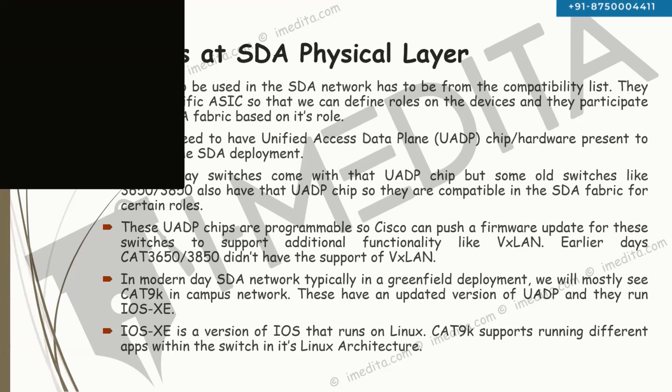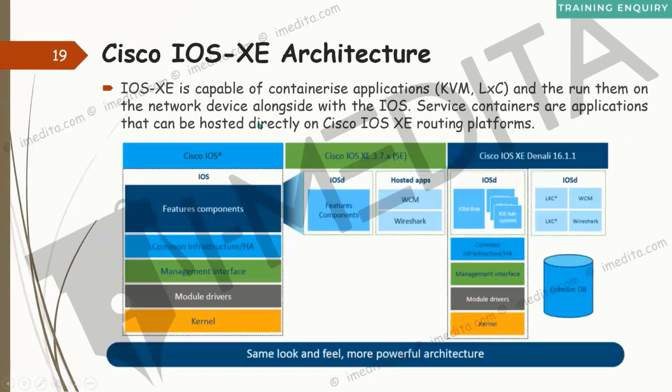When you talk about the IOS XE architecture, this is how it looks. In a typical IOS, the Cisco Internetworking Operating System, the IOS includes all the feature components, everything to support HA, management interface, drivers, kernel, all on the box itself.